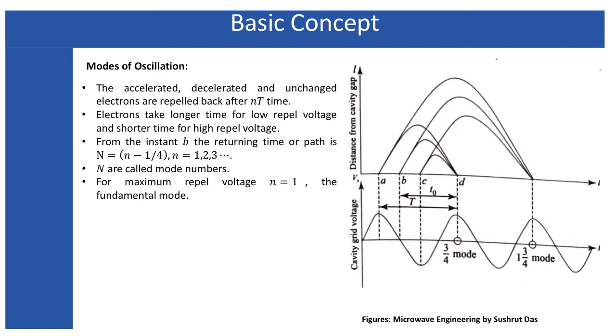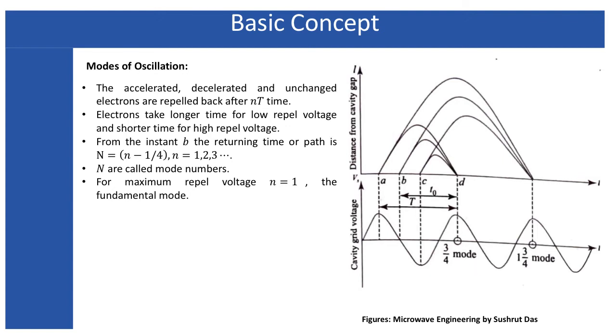And as I told, you can arrange the repeller voltage such that the bunched electron can be repelled back after n times. For n equals 1, the returning time is this instant. For n equals 2, returning time is this instant, and it produces the second mode. And in a similar way, if you decrease the repeller voltage, you can allow the bunched electron to reach the cavity at a later time, corresponding to the integer n times the fundamental period T of the cavity gap voltage.